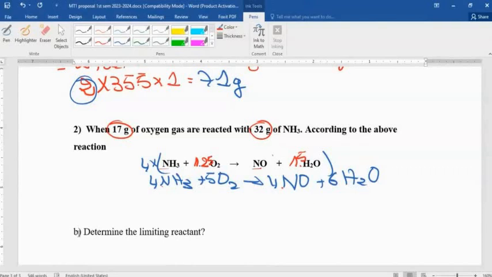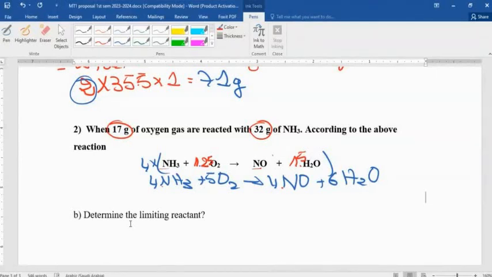By definition, the limiting reactant is the reactant that is consumed first. And you have seen this in the first part, in the true and false questions.